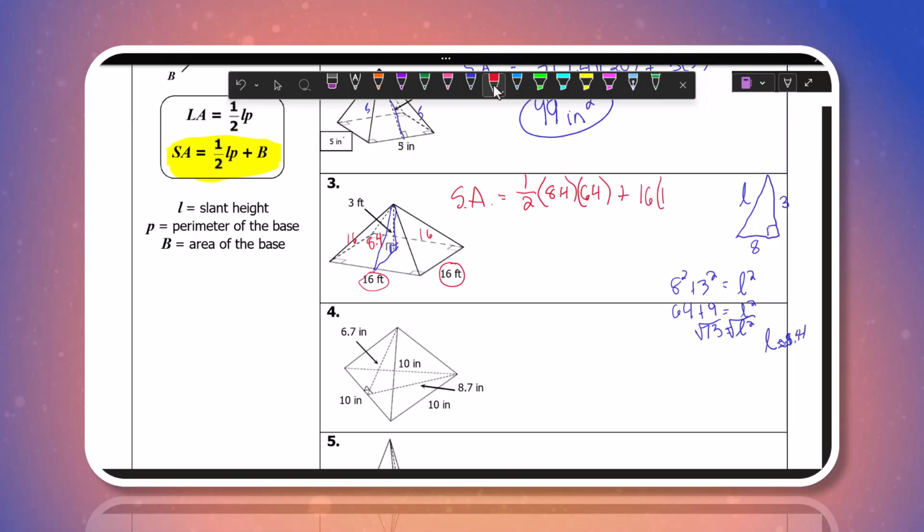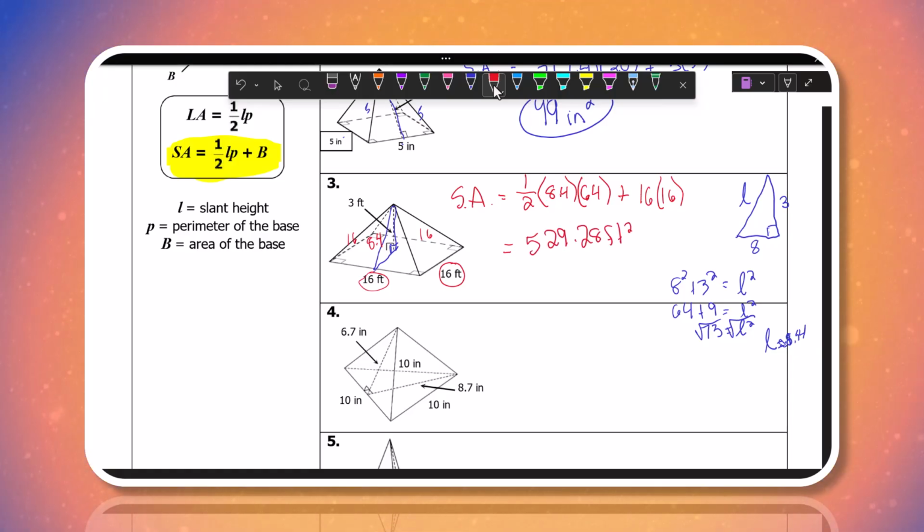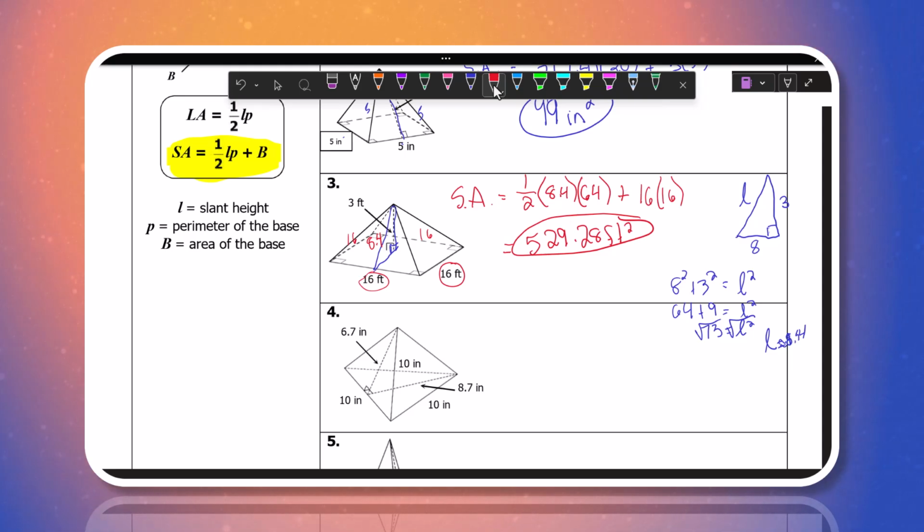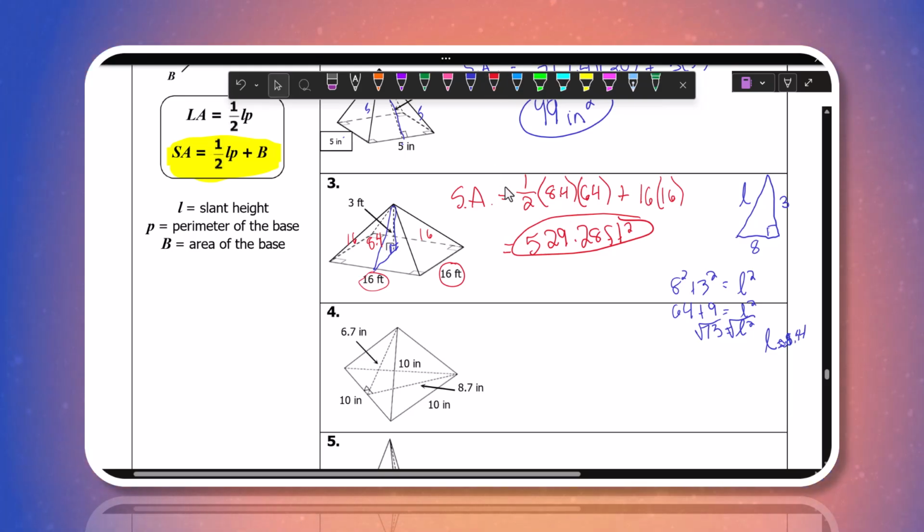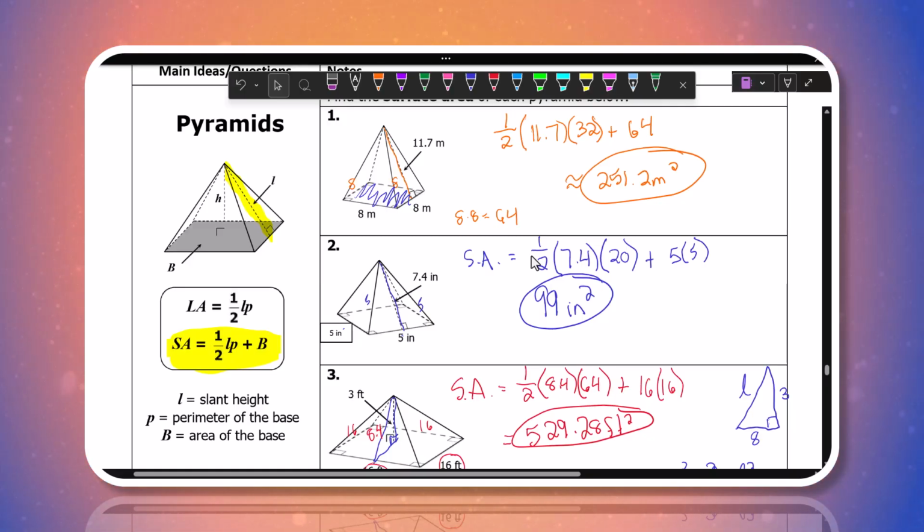Again, it's a square, so 16 times 16. So when we multiply all that out and add, we get 529.28 feet squared. We had to do a little bit more work to get there, but it was the same thing as the other two.